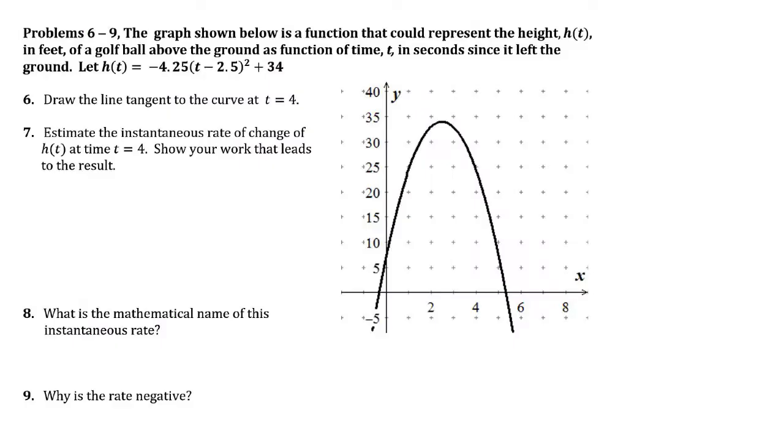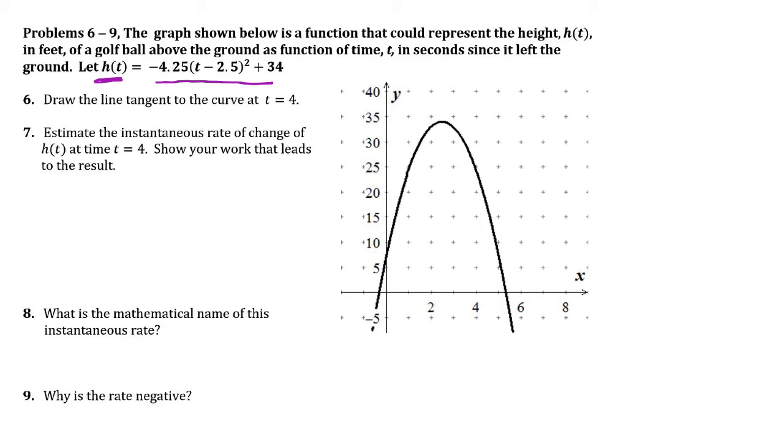For our next problem, we're going to look at this equation that we're given, and that equation is going to model the height that the golf ball is off the ground. And notice the very first question here, they ask us to draw a line tangent to the curve at 4.